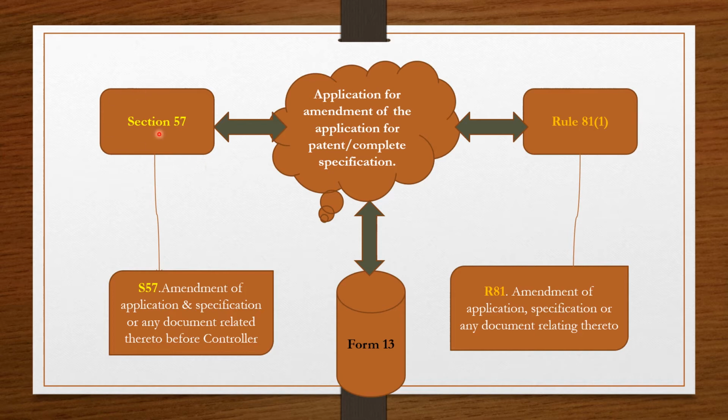So you can see here the keyword is application, the keyword is amendment. In the section you can see the word amendment, in the rule also you can see the keyword amendment, and here the relationship has been established with form 13.